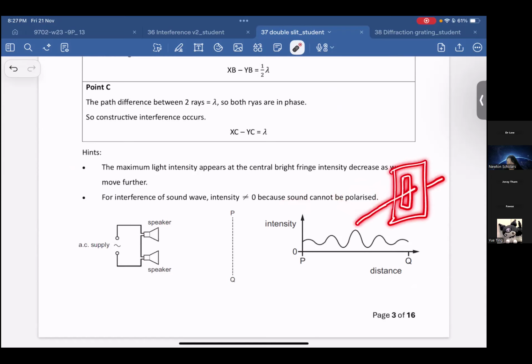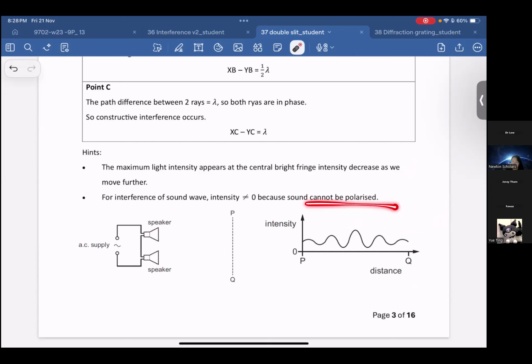If they are in the same direction, they are allowed to pass through. If they are in the wrong direction, they will be blocked. Then if it is moving up and down, it can pass through. But for the sound wave, it is longitudinal, moving forward, backward, forward, backward. So no matter what kind of filter you use, a longitudinal wave cannot be polarized. They just pass through, because they move forward and backward.